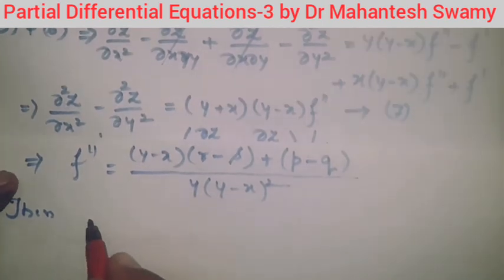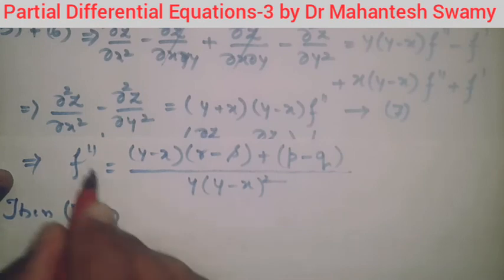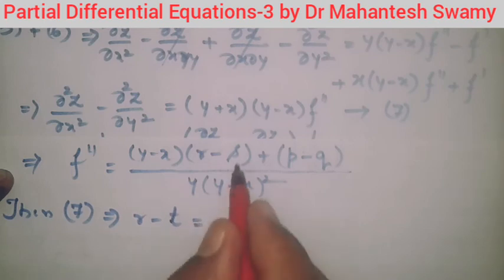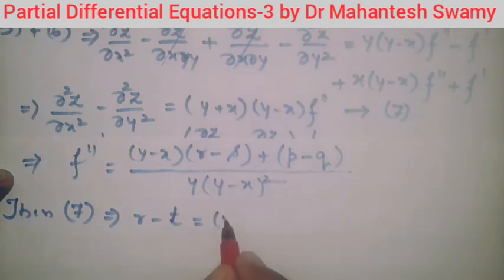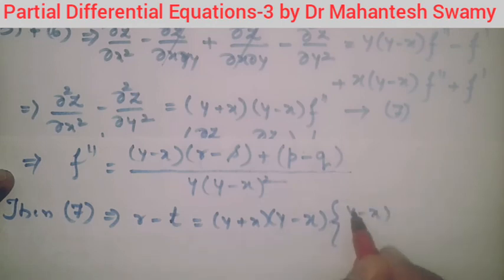Equation number 7 now implies ∂²z/∂x², for which we have the notation r, minus ∂²z/∂y², for which we have the notation t, on LHS, whereas on RHS y plus x into bracket y minus x is to be kept as it is, into f double dash, whose value let us write as y minus x into bracket r minus s plus p minus q as it is in the numerator, divided by y into bracket y minus x whole square. So this we have written over here.